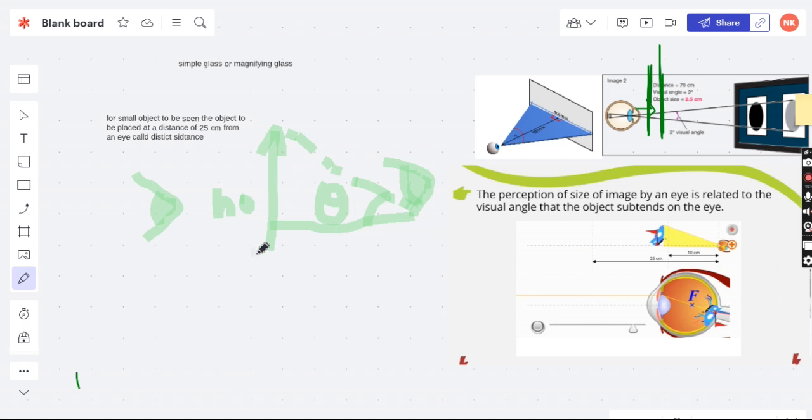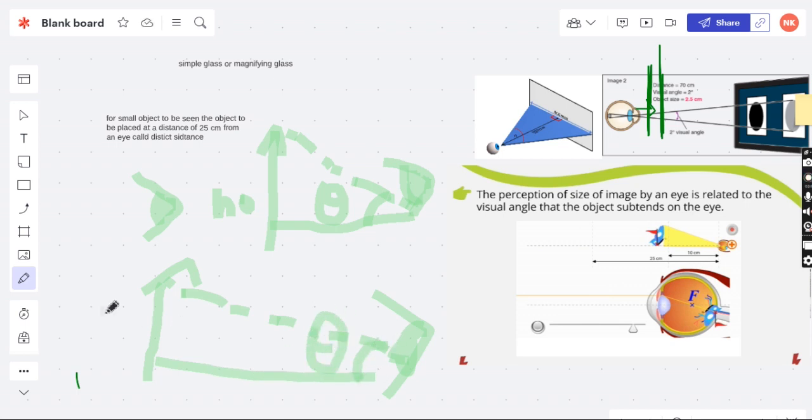For instance, now the object is placed at a distance like this, and your eye is placed here. Now you can observe it by yourself. This is an angle. Now you can see that this visual angle is large. So increasing the height of an object, the visual angle increases. This is the ultimate relationship that we can draw.